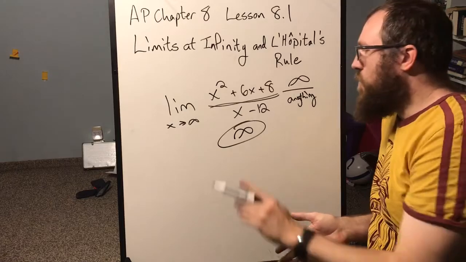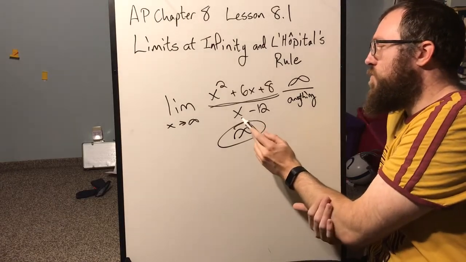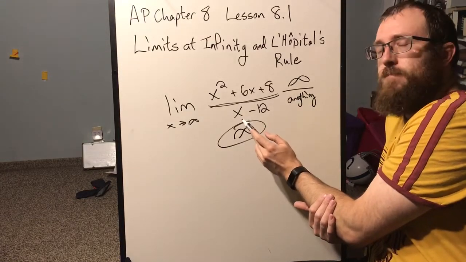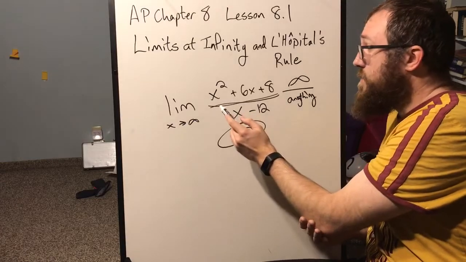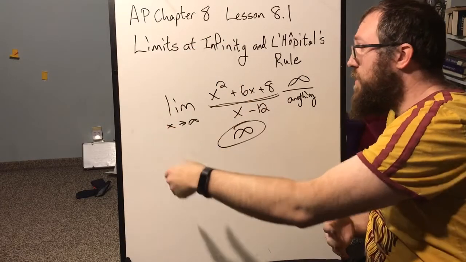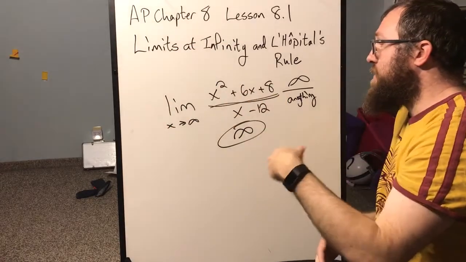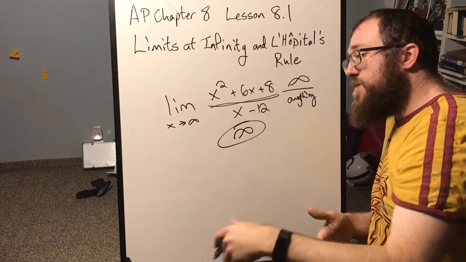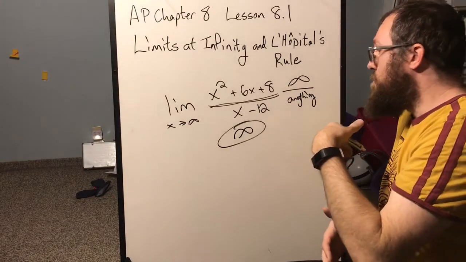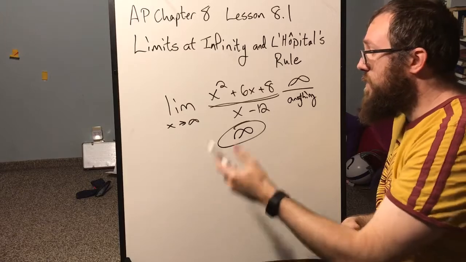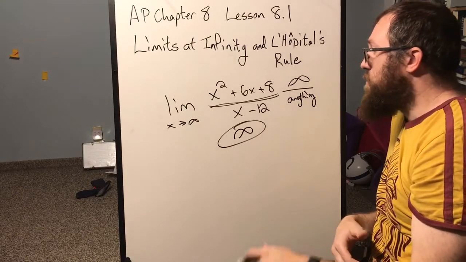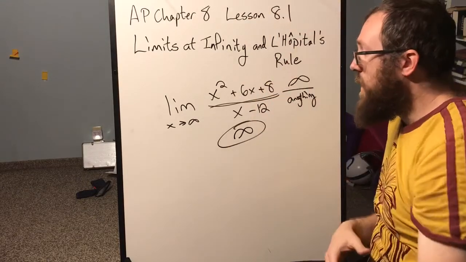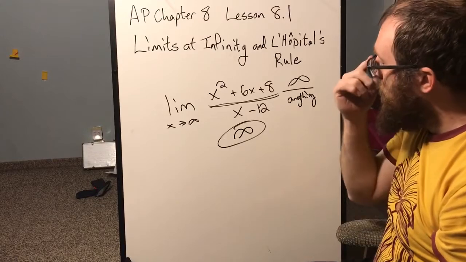The bottom is growing so slowly. It grows by 1 each time. But the top is squaring the number and then multiplying it by 6 every single time. So it's growing much, much faster than the bottom is growing.